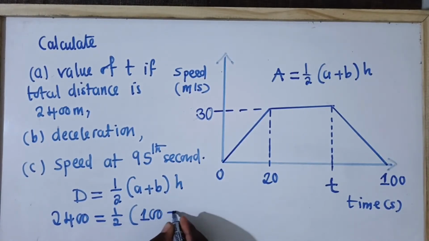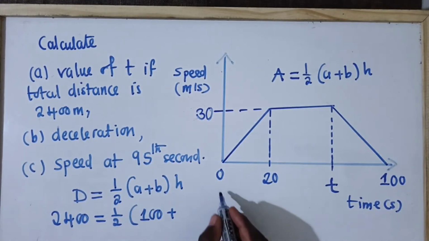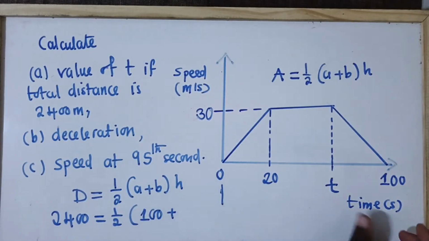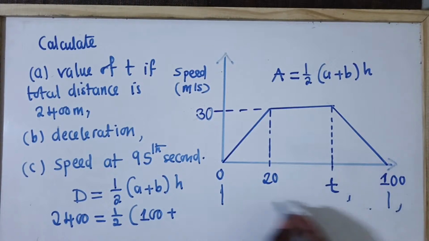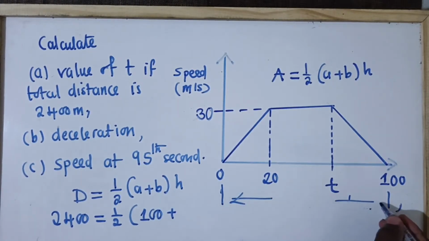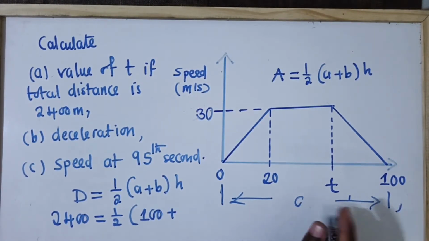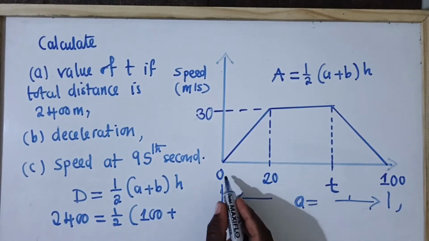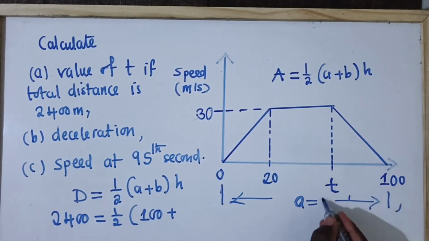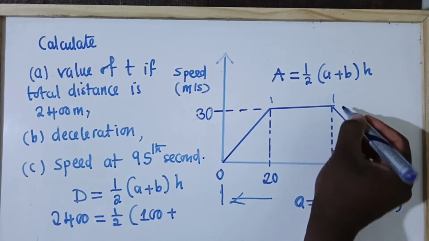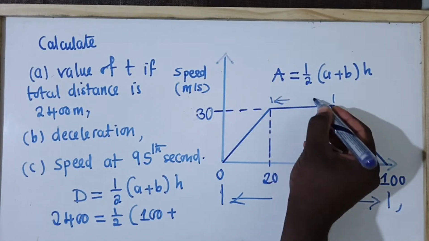I want you to understand something. A should be the distance from here all the way to here. This is our A. When we look at this from here to here, it's 100. Our B will be from here to here. Can you see that?